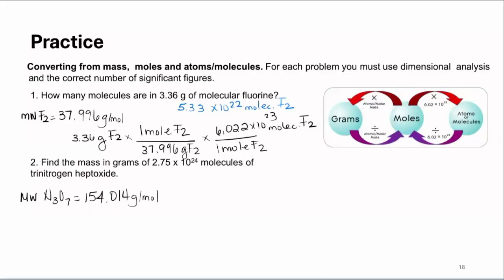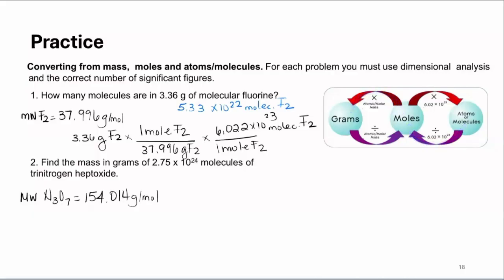Let's do one more example in which now I am given molecules. It could be atoms too, but then I need to find mass. When it comes to this, we can see from our flow chart that if we're given this number and we're trying to find grams, I have to divide by Avogadro's number, followed by multiplying by the molar mass.